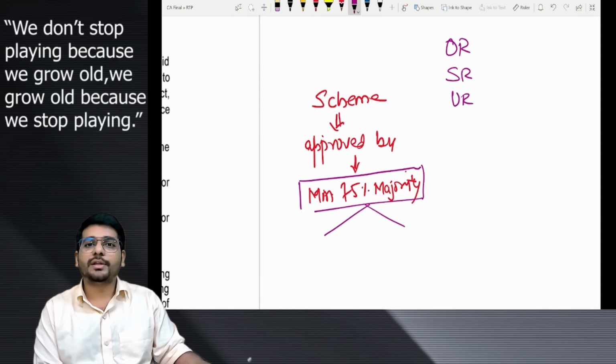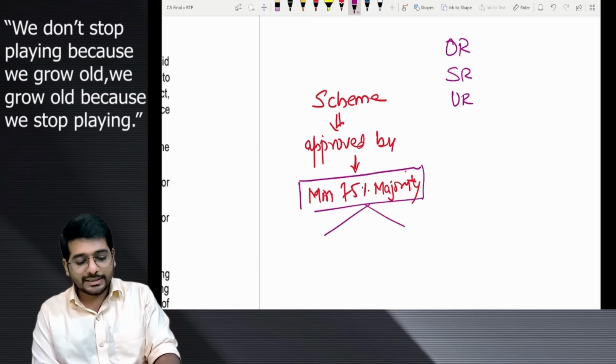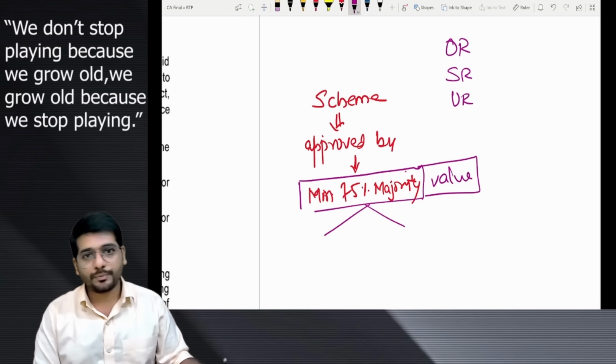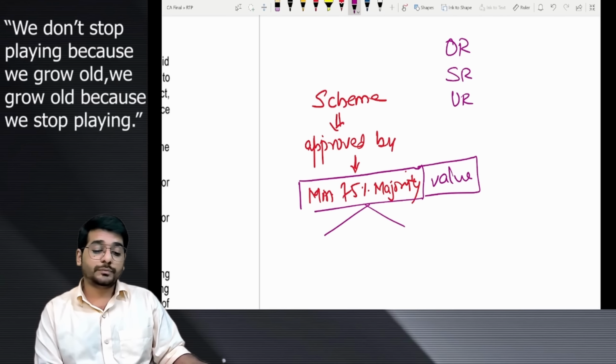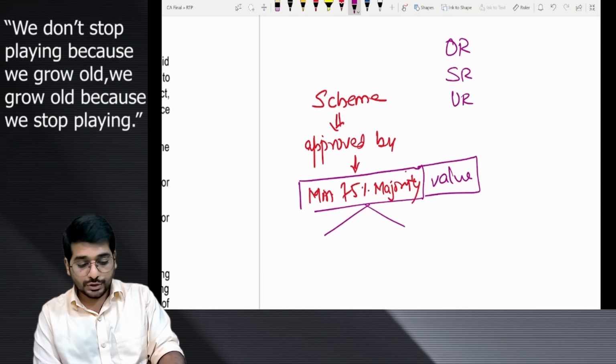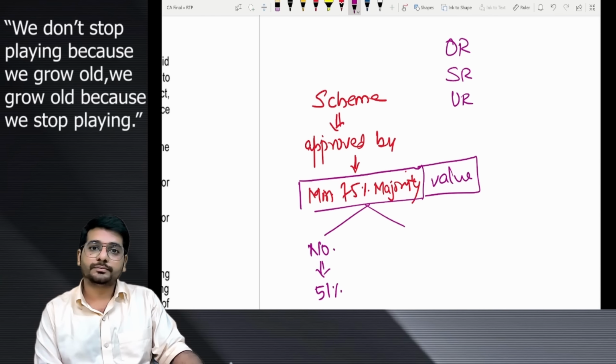Why? Something extraordinary is required over here, because they said 75% majority in value. It means who should approve this particular resolution in terms of members? Number should be majority, meaning 51% or more.